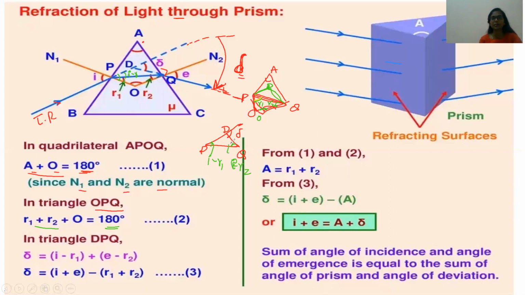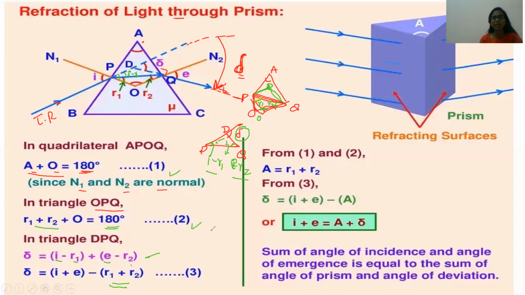These are the two angles. Now this exterior angle is equal to the sum of these interior opposite angles. So we can write delta is equal to I minus R1 plus E minus R2. So take I and E on one side and R1, R2 on the other: I and E are positive, and R1, R2 are negative, so taking the negative common, R1 plus R2 will happen.